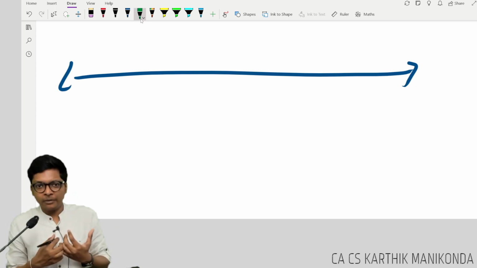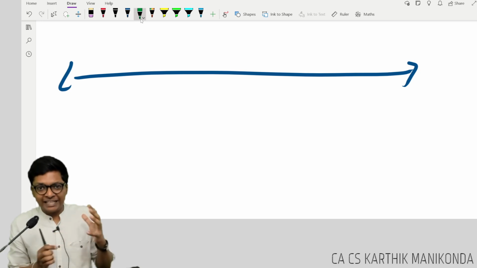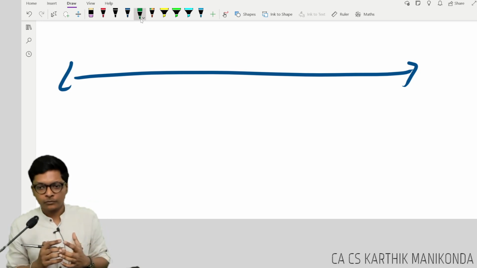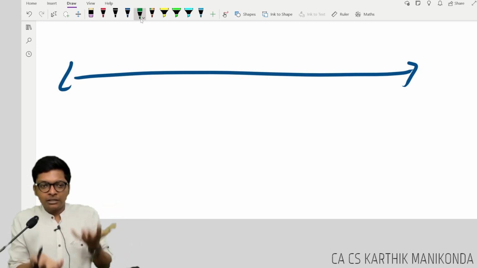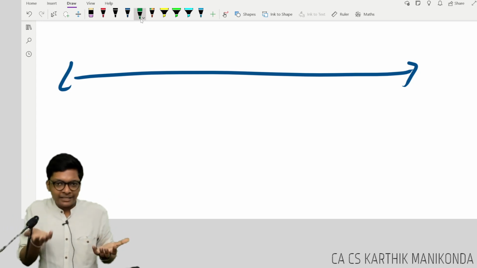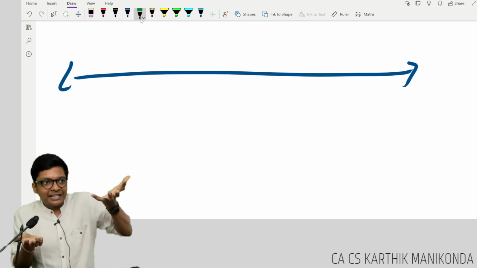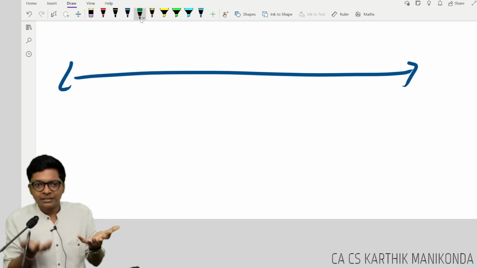See, in the new syllabus, remember, amalgamation, consolidation and branch take away so much time, and standards are the other side. In terms of exam weightage, amalgamation and consolidation will come in one bucket, and branch and the rest of the standards will come in the other. 50-50 or 60-40: standards have 60, this has 40.